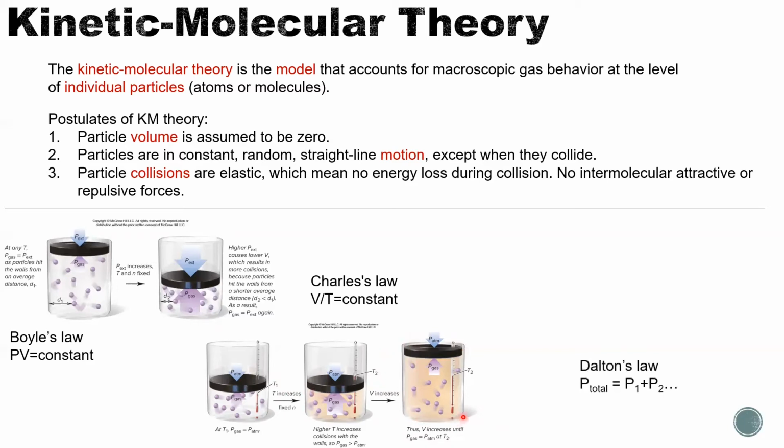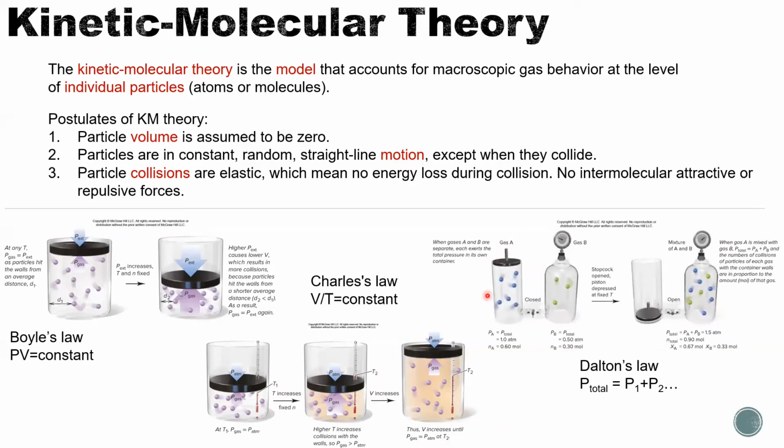And for Dalton's law, where we have partial pressure, the total pressure equals the sum of the partial pressures. That's also easy to understand. If we have one type of gas molecule hitting the wall, we only have this amount of hits per second per area.